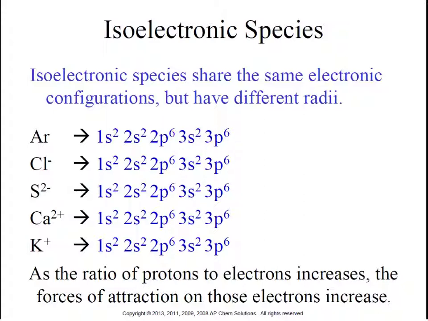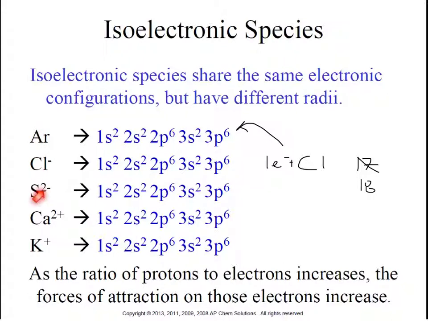Chlorine normally would have 17 electrons, but if it gains one electron, it now has 18 electrons, just like argon, which means that it now has an electron configuration identical to argon. So we would call these two isoelectronic species.